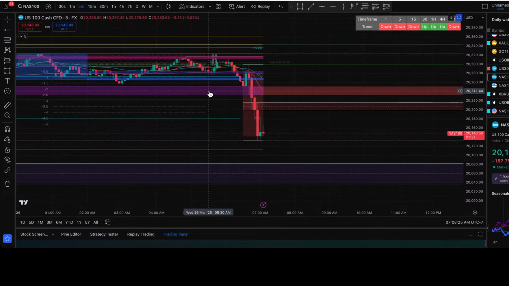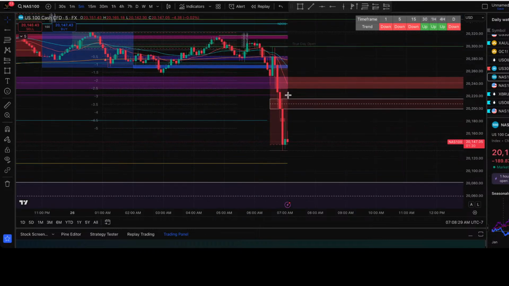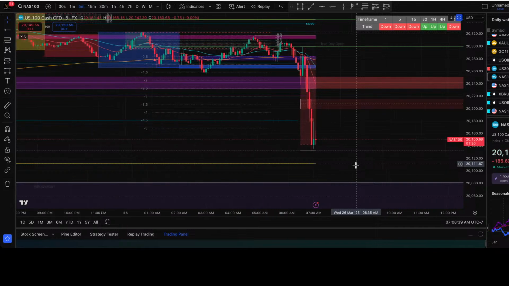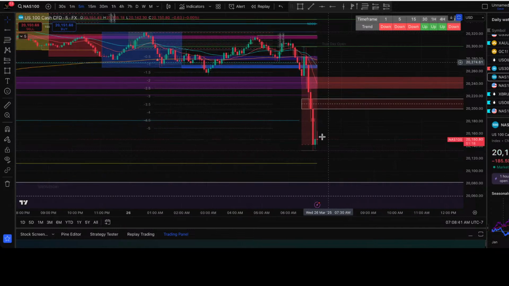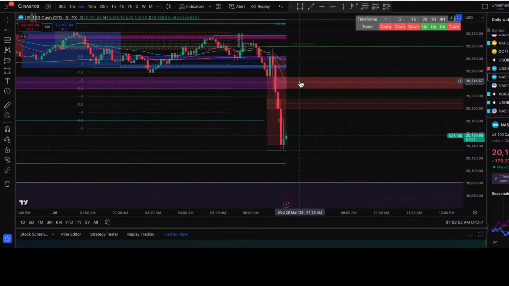So once again, from the early model, which is a trade we took, it was downside expansion. We had a sell model. We literally broke the bottom of the manipulation range that was down here.